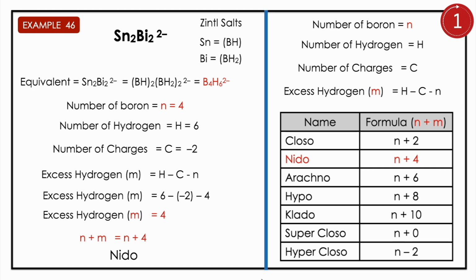If you solve it, you will get M equals 4. That will give N plus 4 system. N plus 4 means Nido structure. So according to the Wade's rule, Sn2Bi2 2 minus, the Zintl salt, has the Nido structure.